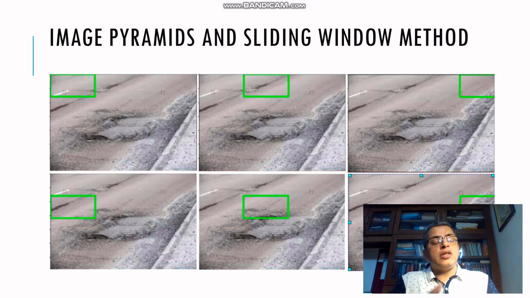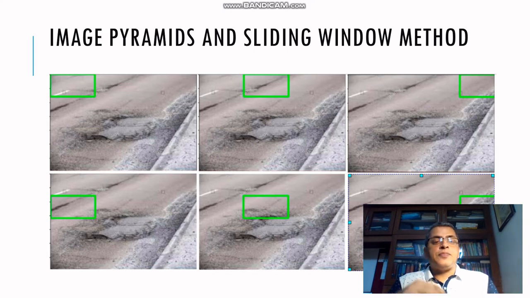Along with the image pyramid, you have the images which are scaled down progressively, and for each scale you slide the window across and try to find these objects. The window size remains the same, and once you slide it, some of the potholes get detected and some do not. Once you progressively scale down the image using the image pyramids, then a cross section of all these objects gets detected.